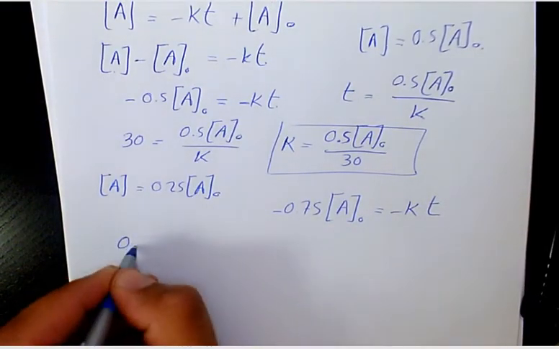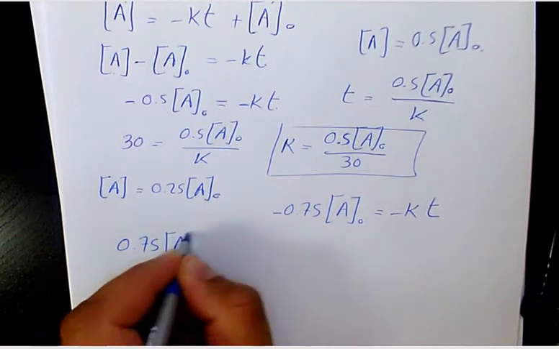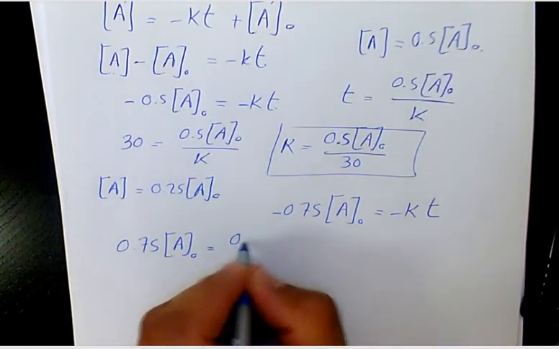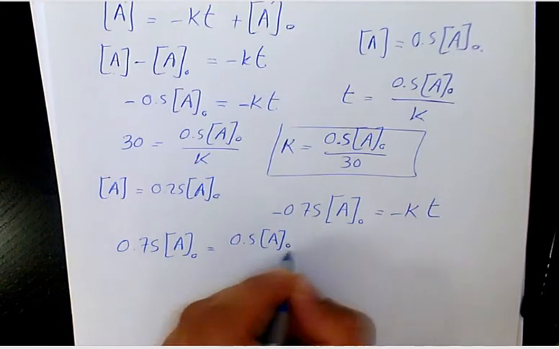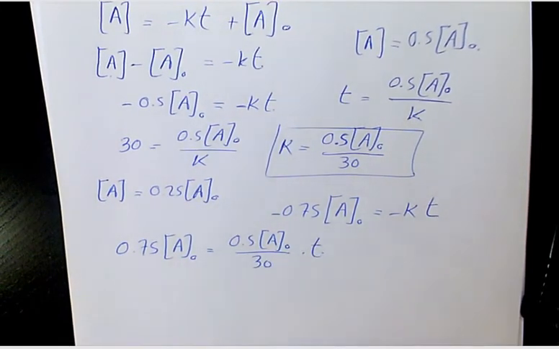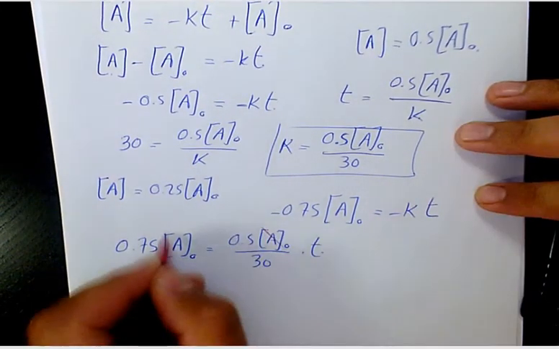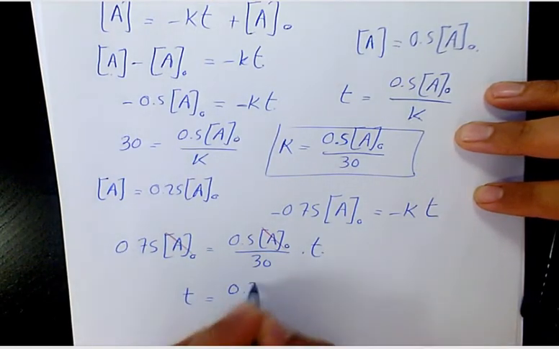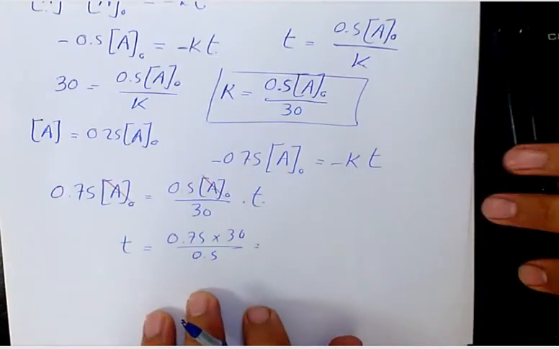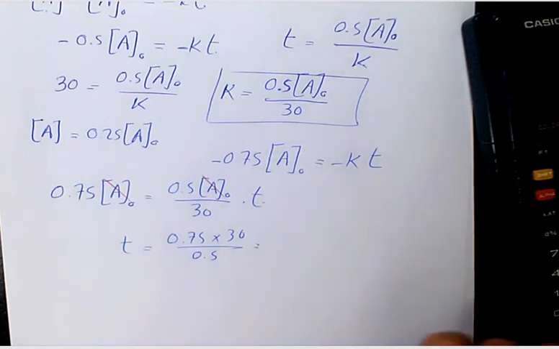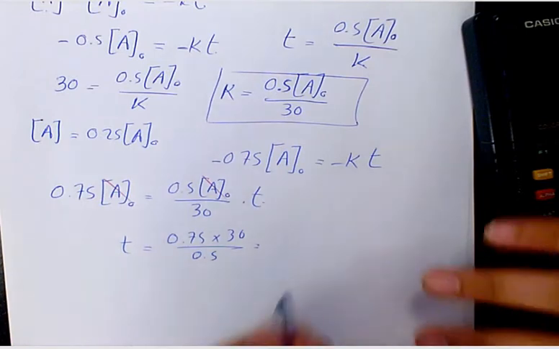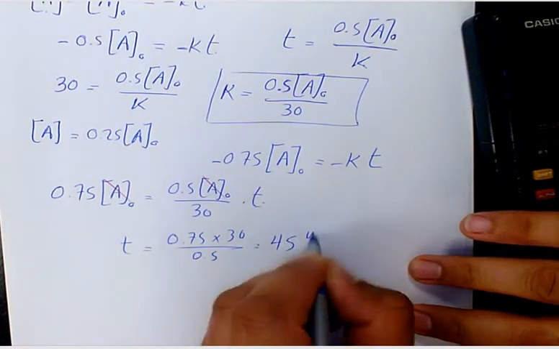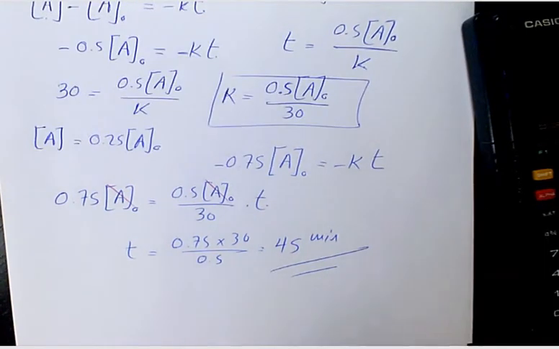So you cancel the negatives. 0.75 A equals 0.5 A divided by 30 times T. Then A and A cancel out. T is going to be 0.75 times 30 divided by 0.5. So that's going to be 45 minutes.